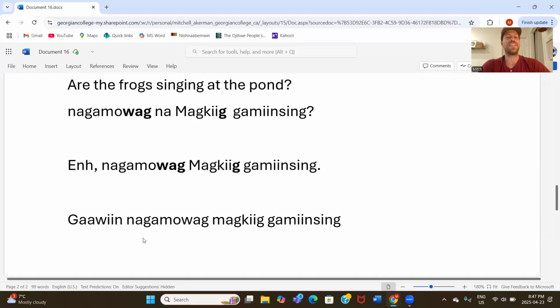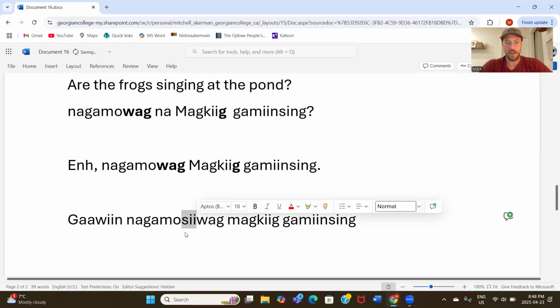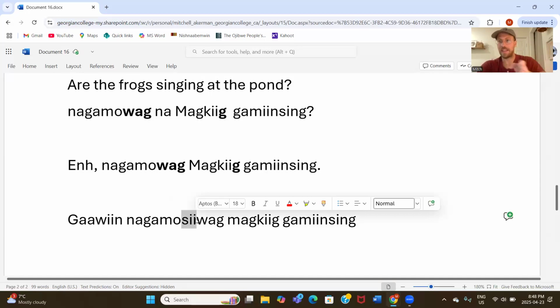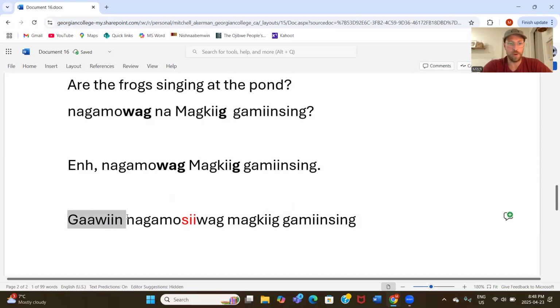What we need to do is add the negative onto the verb. On a VAI verb, especially one ending in a vowel like nagamo, the negative will be si. And si goes directly onto the end of the verb and then plural comes after it. If you're going to be stacking things, the negative goes right away. I'm going to put them both in red, gaawiin and si, so you can see that they are working together.